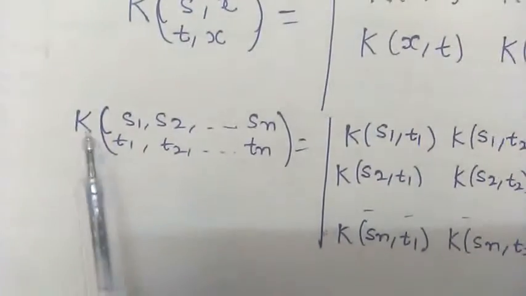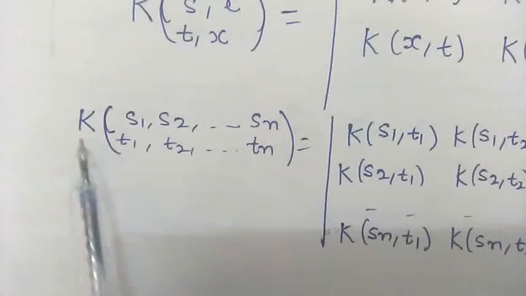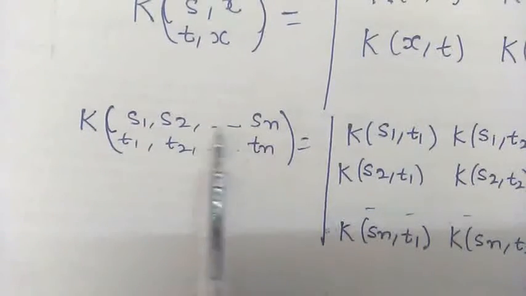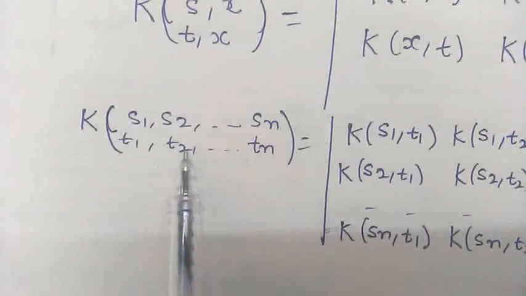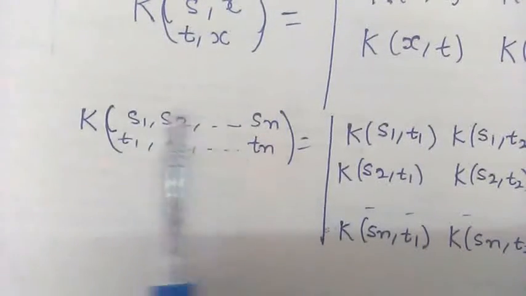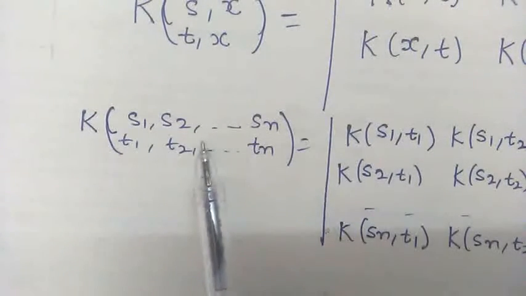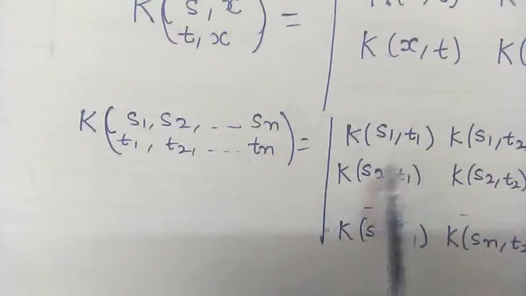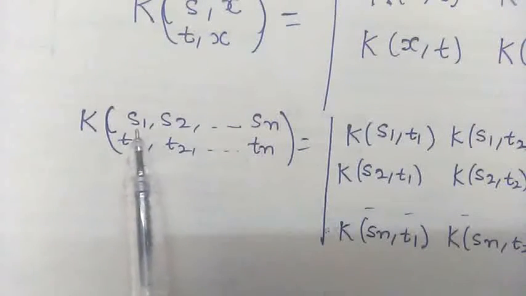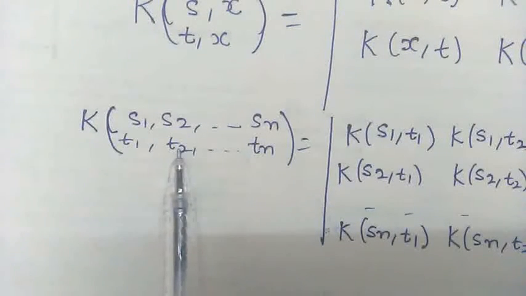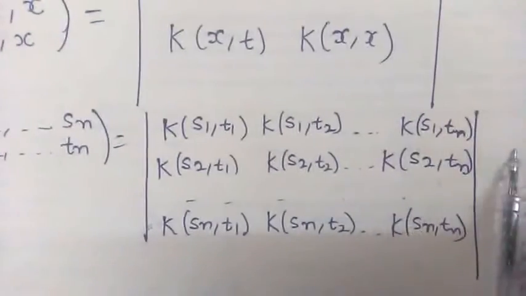The notation is for this symbol: we have the kernel k, which is a function of s1, s2, s3, ..., sn in the first row. In the second row we have the variables t1, t2, t3, ..., tn. This notation can be written in the form of a determinant. In the first row, the first element is k(s1,t1), second is k(s1,t2), third is k(s1,t3) and so on, the last is k(s1,tn).